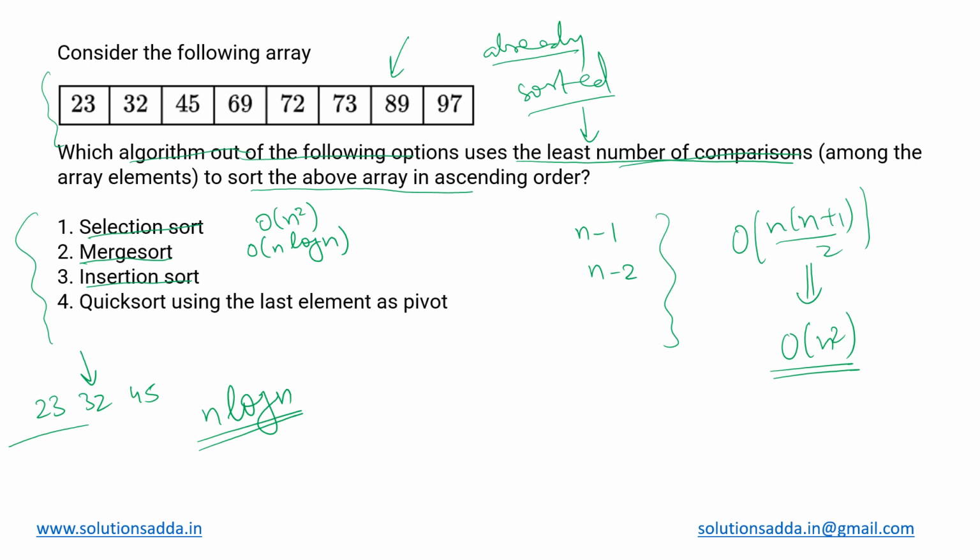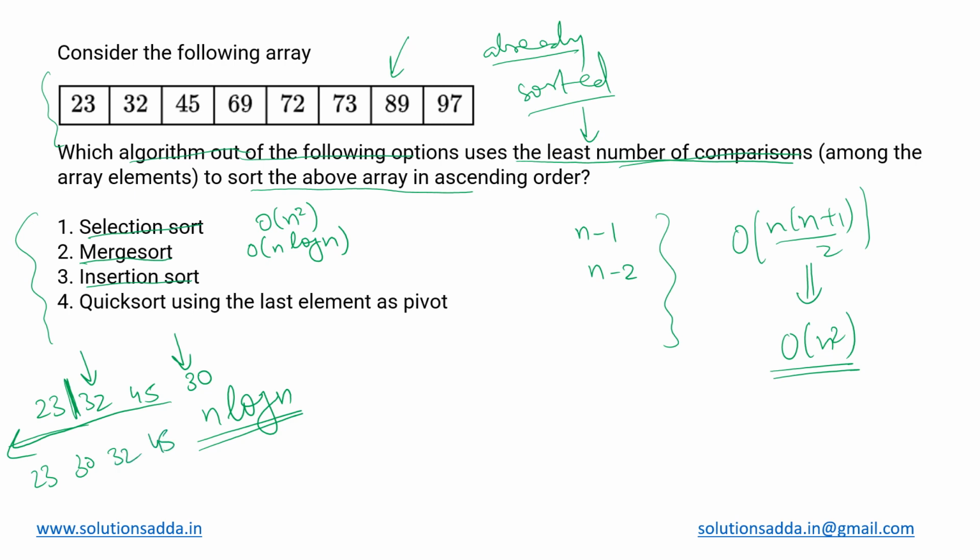If we get the next element as, say, 30, it will check this left half which is already sorted and see that this is the correct position for 30. So it will insert 30 over there: 23, 30, 32, 45. This is how insertion sort works.